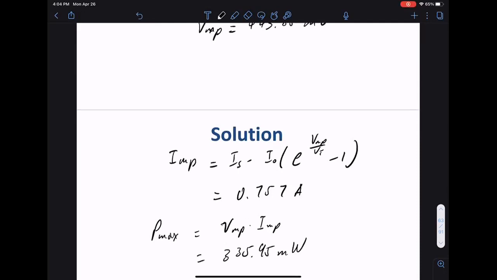So out of this cell, you can get this much power to come out. This is where you want to set the voltage and current to draw the maximum amount of power.